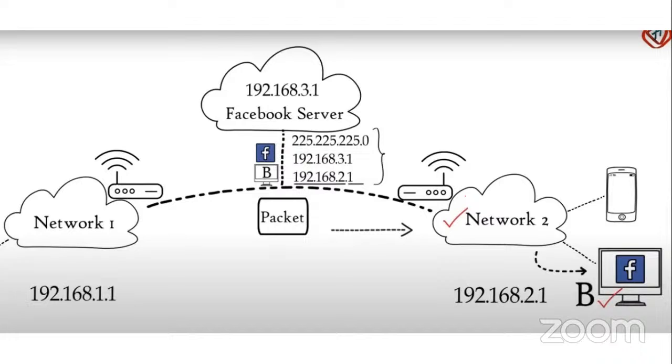So what do we mean by logical addressing? What is the upper layer of the network layer? The transport layer. From the transport layer, the network layer will receive a segment.